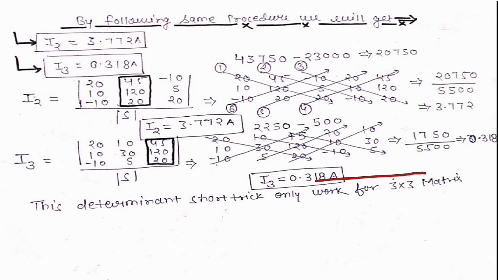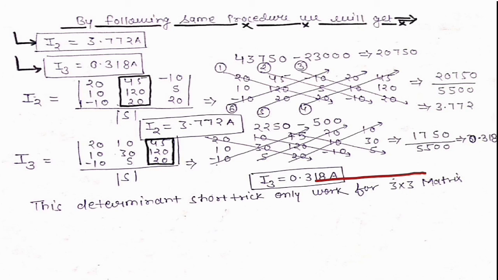If you follow the same procedure, you will get the values of I2 and I3. If you want to get the I2 value, then you will have to replace the middle column by the voltage column, or voltage matrix, actually.